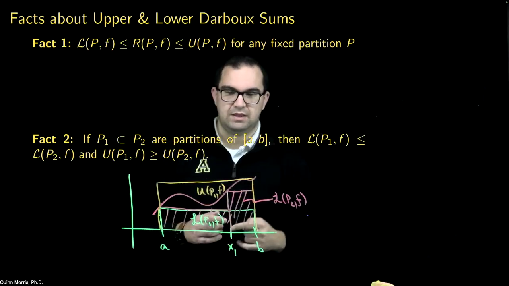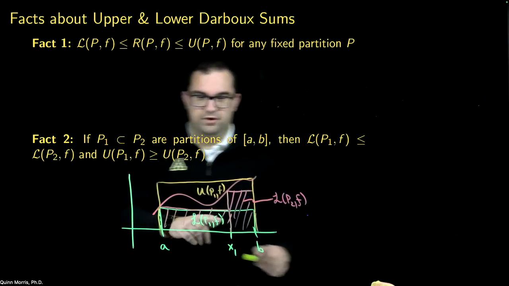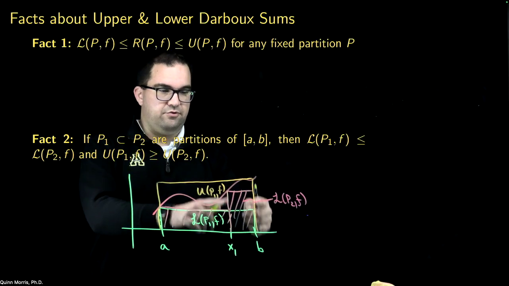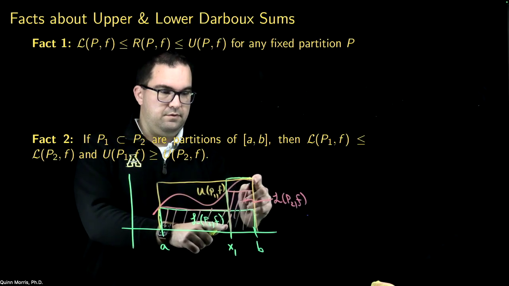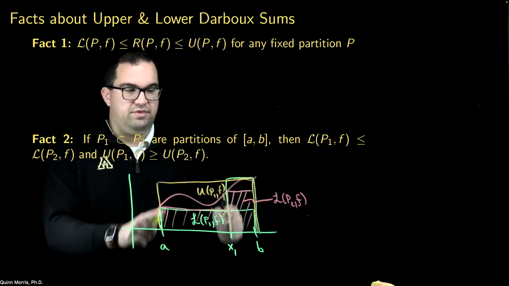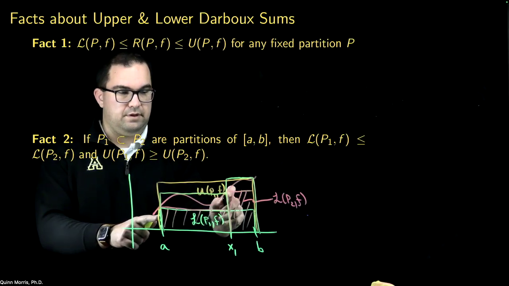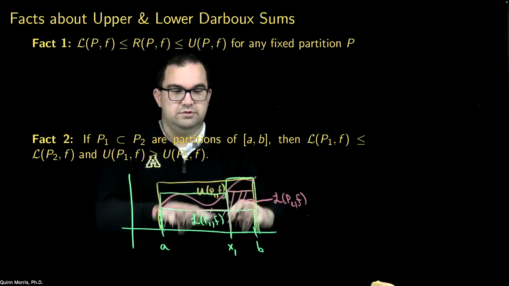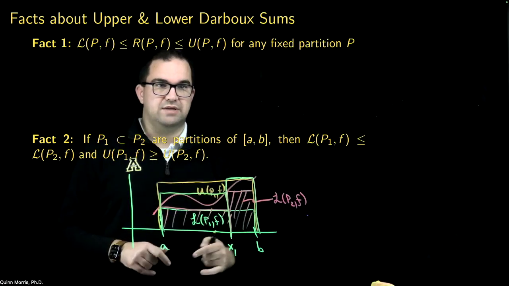Now, the same thing happens, but in reverse, for upper sums. If I look at this subinterval, I get the same rectangle because I have the same maximum value. However, on this subinterval, my largest value is here. When I compare these two rectangles to the large orange rectangle, they have less area.